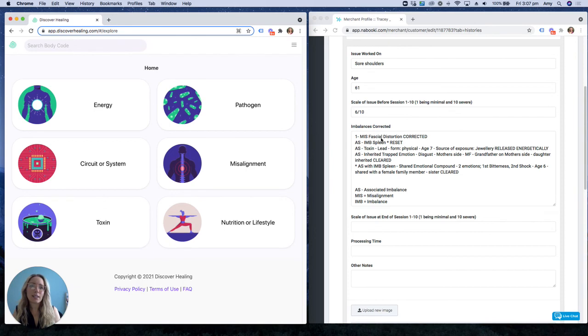So we had that distortion there, which was connected with the imbalance in the spleen, toxin in there, which was also contributing from age 7, and we had a couple of emotions. So with the body code, once we get down to the bottom and we make our way back up and there's no more associated things in there, we can go ahead and realign and clear those imbalances.